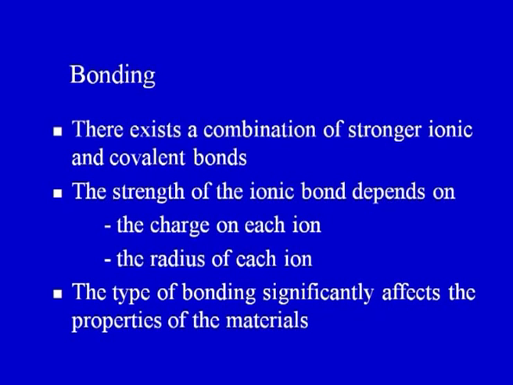The strength of the ionic bond depends upon the charge on each ion and the radius of each ion. These are the two important parameters that dictate the strength of the ionic bond, and the type of bonding significantly affects the properties of the material, which I have already highlighted.